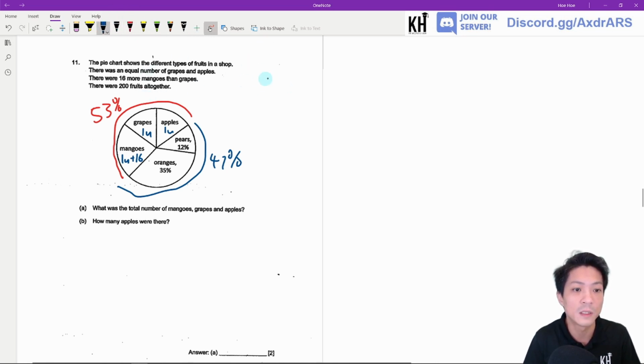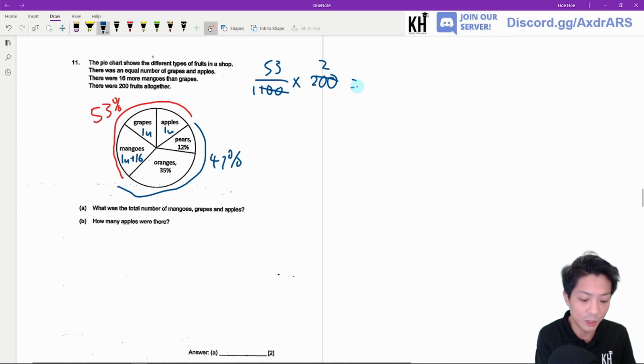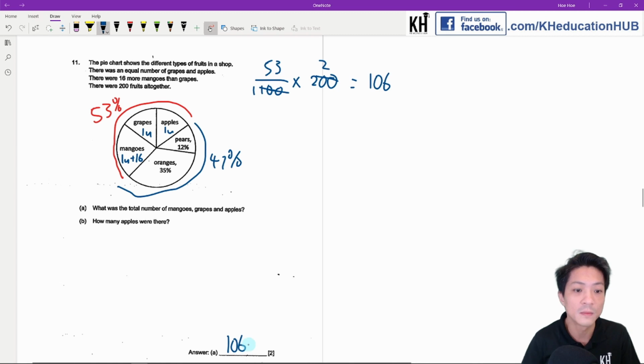If there are 200 fruits altogether, we're just going to use 53 over 100 times 200. So 1 cancel 2, 53 times 2 is 106. So the answer for part A is 106.